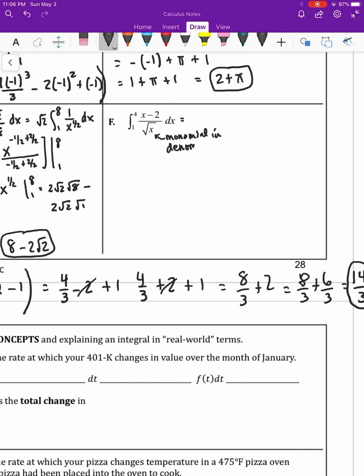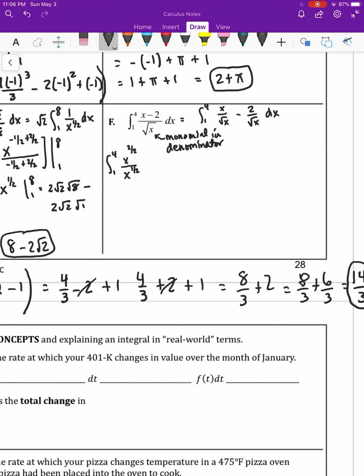All right, and here I want you to recognize that this is a monomial. And if you have a monomial in the denominator, you can separate it out into both of the terms in the numerator. So this can become the integral from 1 to 4 of x over the square root of x minus 2 over the square root of x dx.